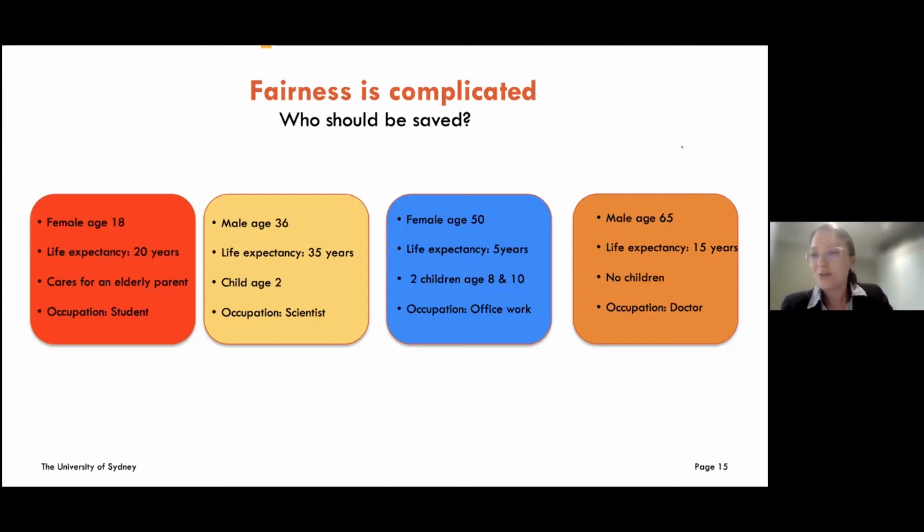And this, you could argue, is kind of the ultimate in-your-face allocation of a scarce resource that has really serious consequences, where we can't avoid thinking about this as being lives versus lives. And so here I've just put up some characteristics of the people to help make a decision.